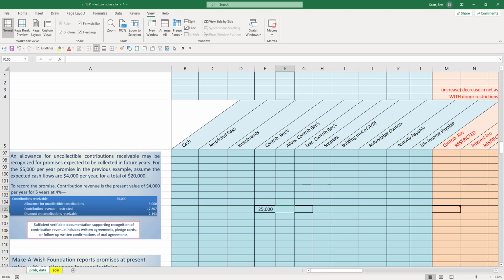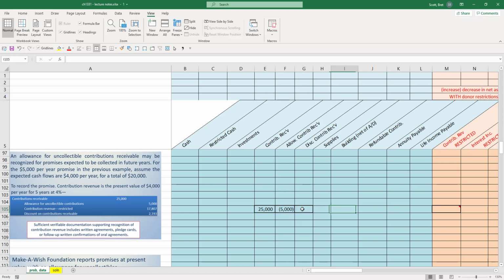But we're saying, hey, look, maybe about $4,000 per year is collectible. So maybe $1,000 per year times 5 is uncollectible. Fine. That's $20,000 net realizable value.